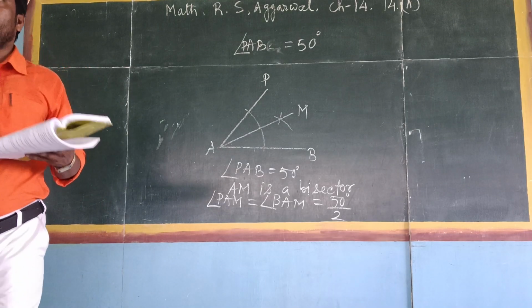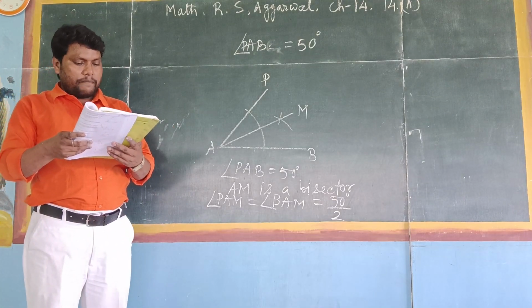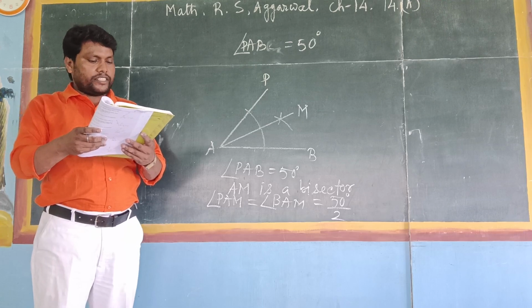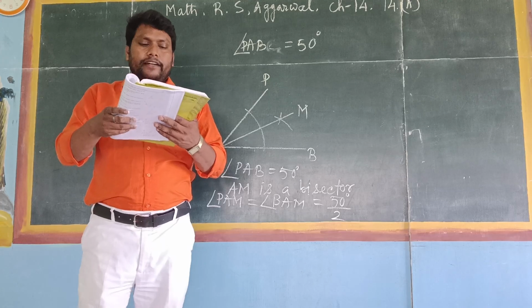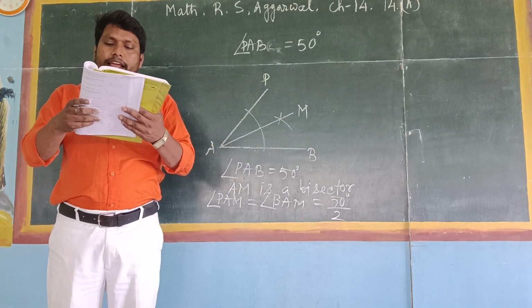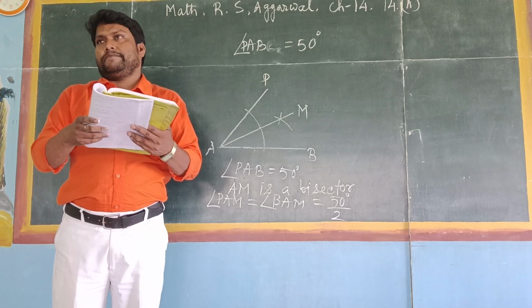Next, there are so many problems. I will draw some important ones. Next, question number 8. Draw a line AB, take a point P outside it. Draw a line passing through P and parallel to AB.